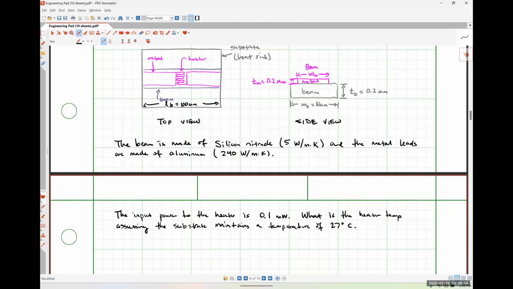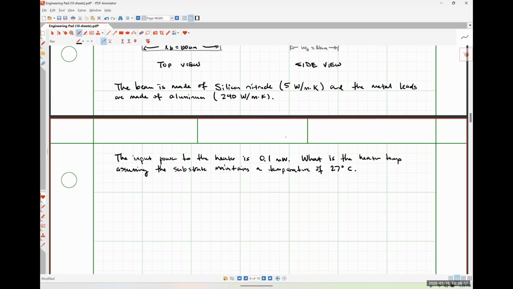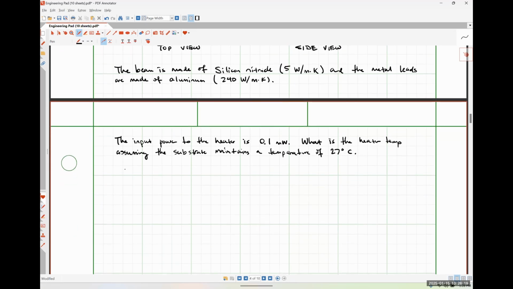Okay, so let's start by finding the thermal resistance of some of the different things here, okay?